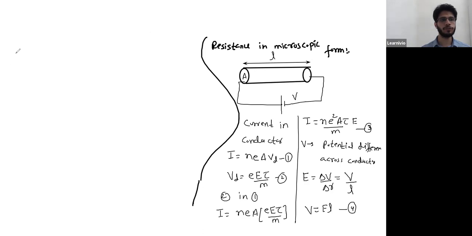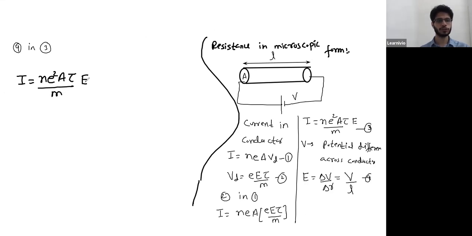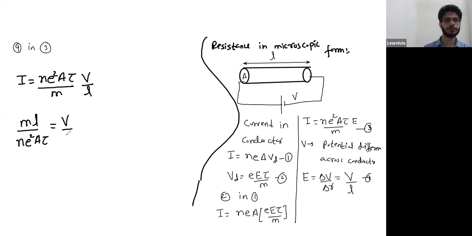Substitute 4 in 3. If I substitute equation number 4 in 3, then I get I = ne²Aτ/m into, instead of E, V by L. If I cross multiply, mL/(ne²Aτ) is V by I. This V by I is R. So R is mL/(Ane²τ).